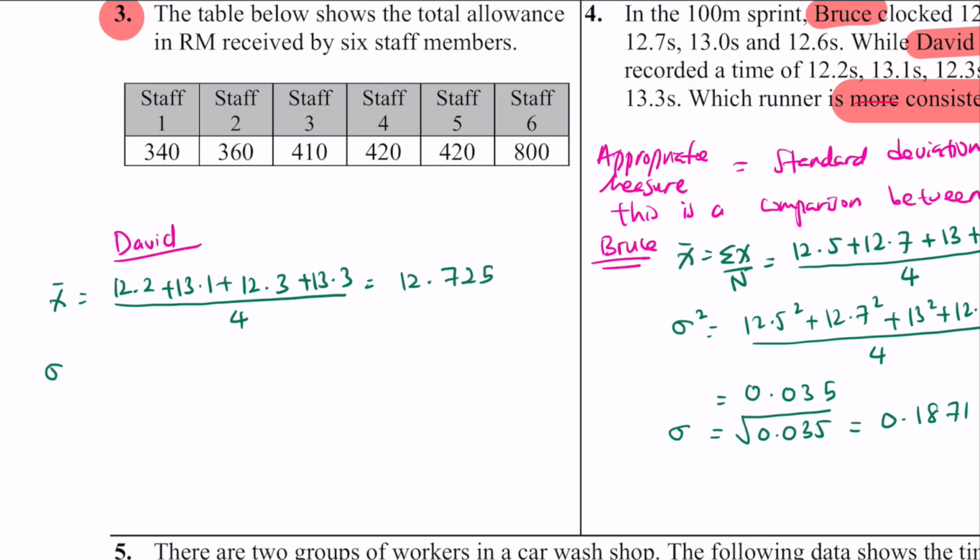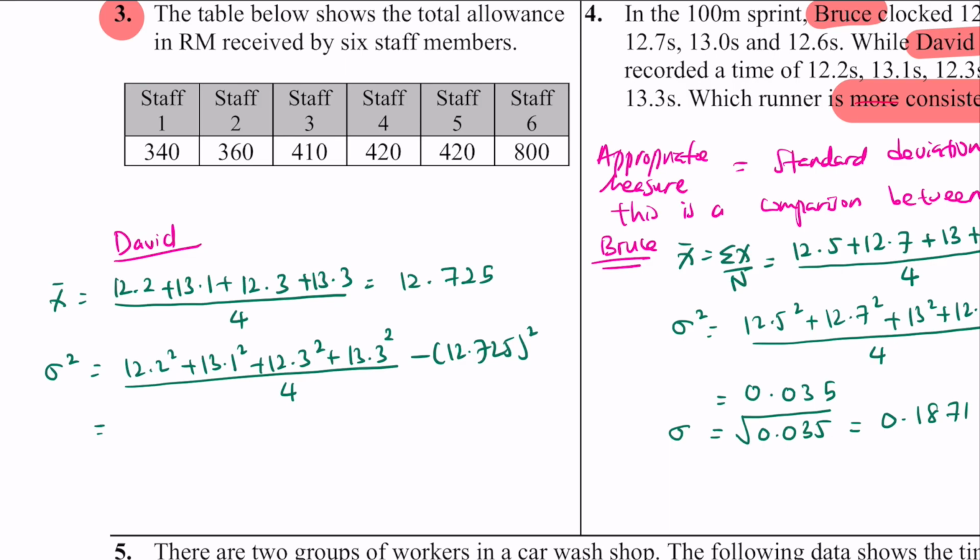Next calculate the variance. 12.2 squared plus 13.1 squared plus 12.3 squared plus 13.3 squared divided by 4 minus the mean squared. Press your calculator carefully and your answer is 0.2319.